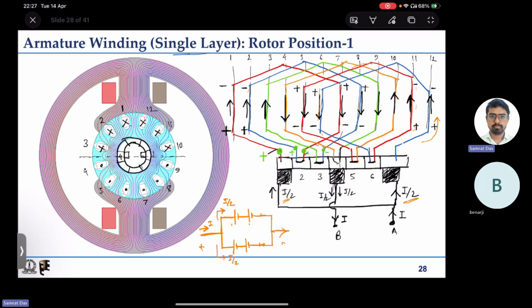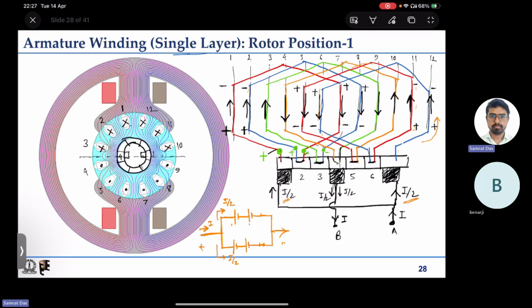I am not aware of that. Name givers have named it something, I don't know. Actually, I don't get a picture of what is lap and what is wave. I continuously confuse between these, and I don't have a clear picture. That's why I'm asking. The nomenclature, why that name is lap, I am also not aware of.